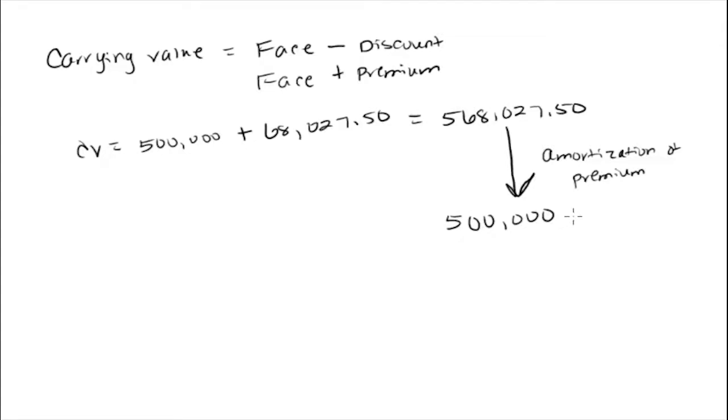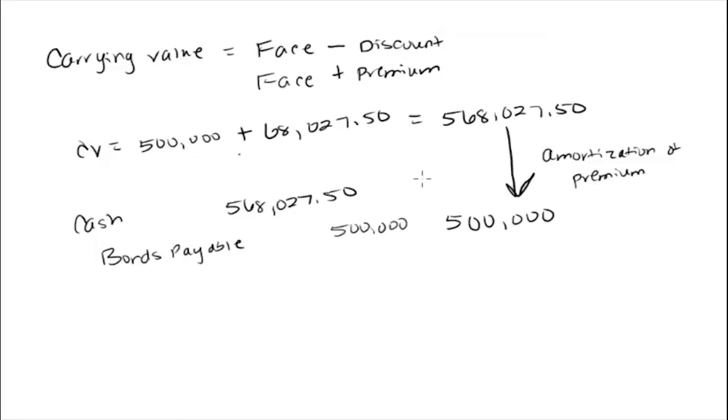So let's look at how we would amortize this. We have a premium. When you issue the bonds, you'll get cash, let's do a journal entry, of $568,027.50. You will have bonds payable for the face. You record this at face value.